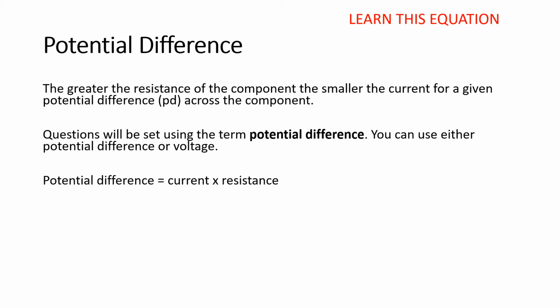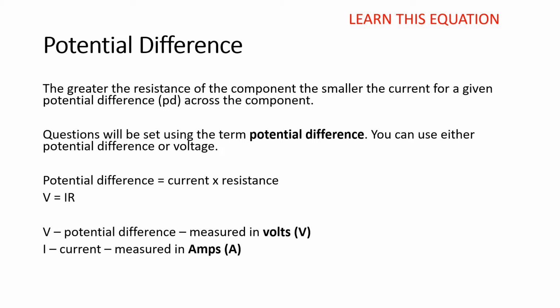Just notice that in an exam paper they will use the term potential difference, but you can use either potential difference or voltage. So V equals IR. V stands for potential difference, which is measured in volts. Then you have current, measured in amps again. And the resistance is measured in ohms. You need to learn this equation as well.